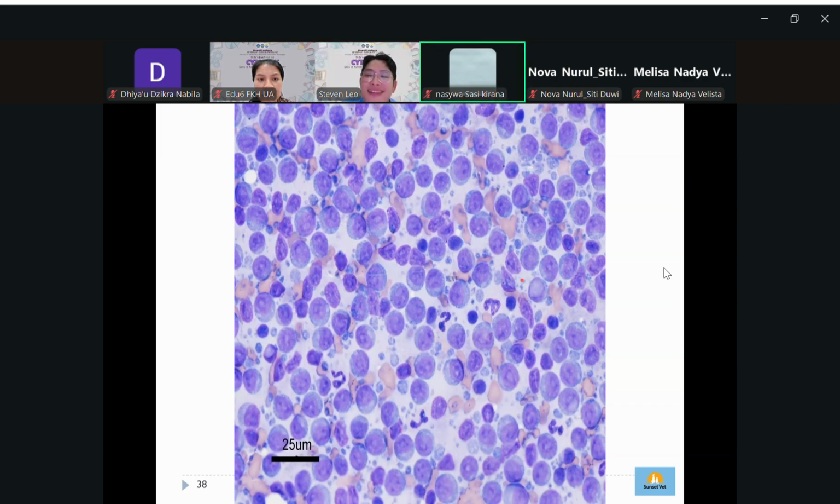Histiocytoma, histiocyte. From this picture, is there any granules or any vacuoles in the cytoplasm?